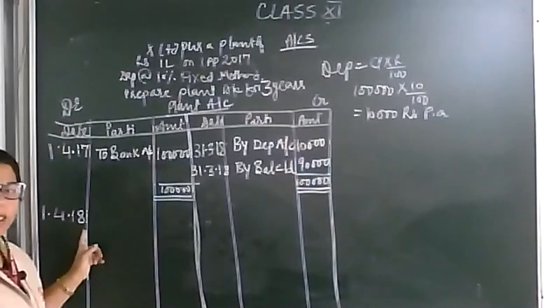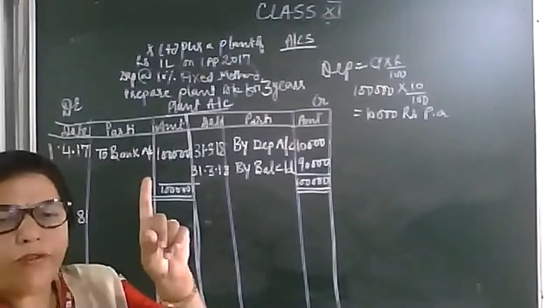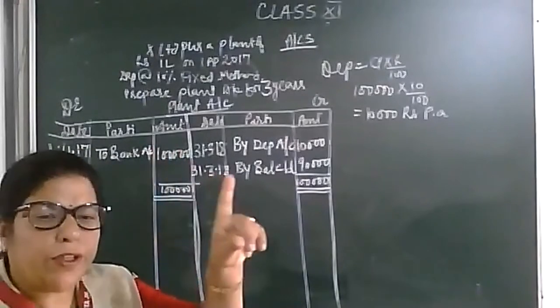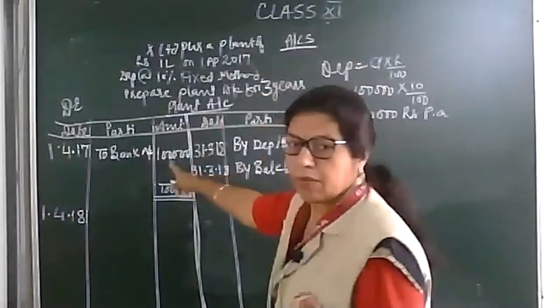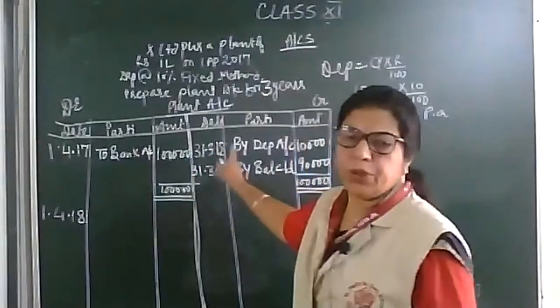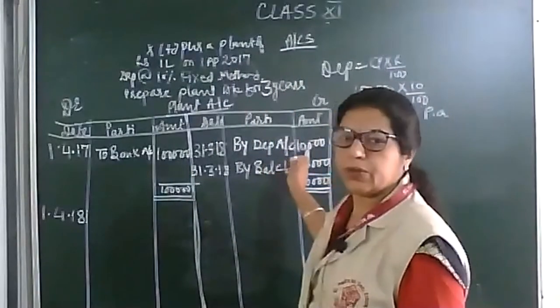Now the new year will start. See, again I am telling you. On 1st April the value of the asset is 1 lakh. Then during the year the depreciation charge is 10,000.